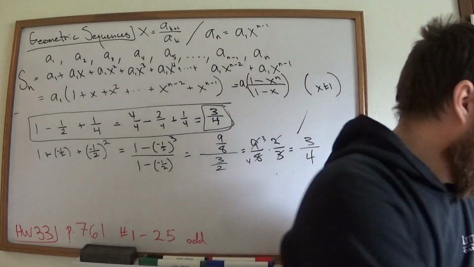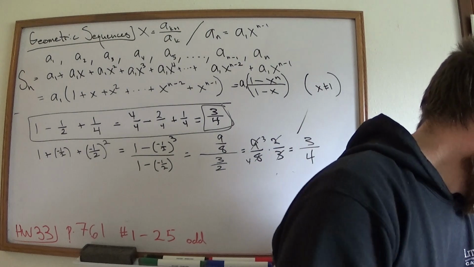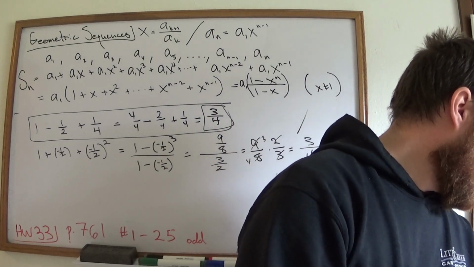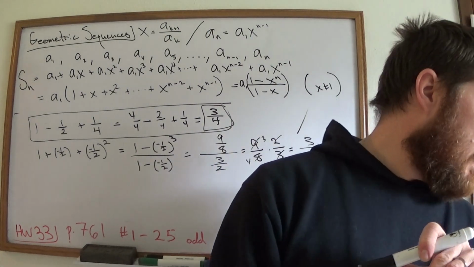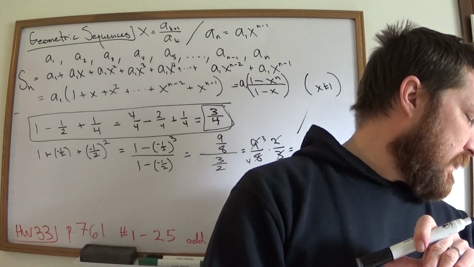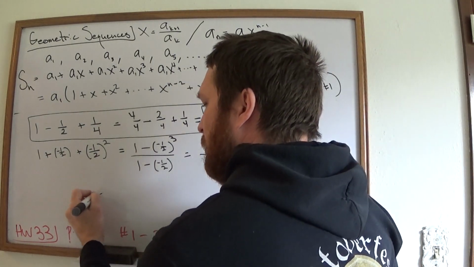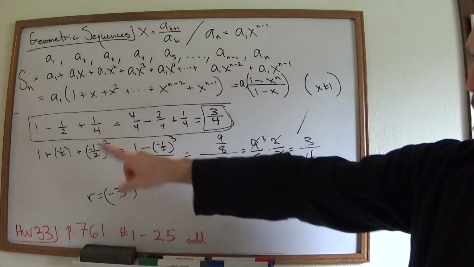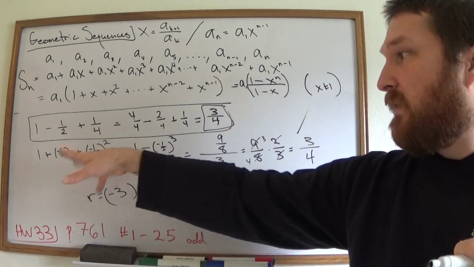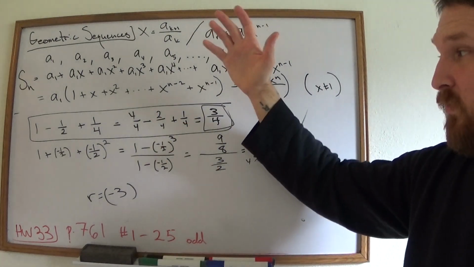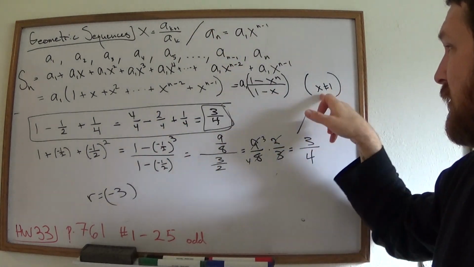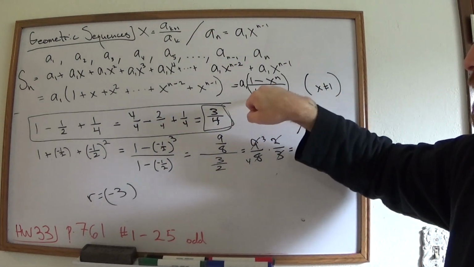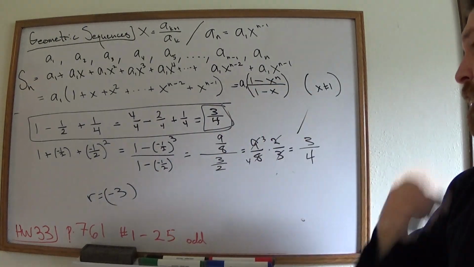We saw that in the previous one, where A2 was 3 and A5 was negative 81. And what we found was that R was equal to negative 3, right? And so that can happen. If your R is a negative number, that's perfectly fine. It could be bigger than 1. It could be smaller than 1. As long as it's not 1, this formula always works.